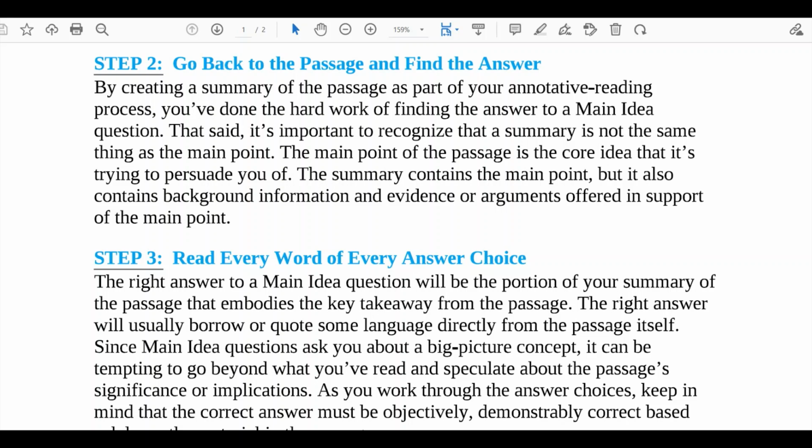The main point of the passage is the core idea that it's trying to persuade you of. The summary contains the main point, but it also contains background information and evidence or arguments offered in support of the main point.